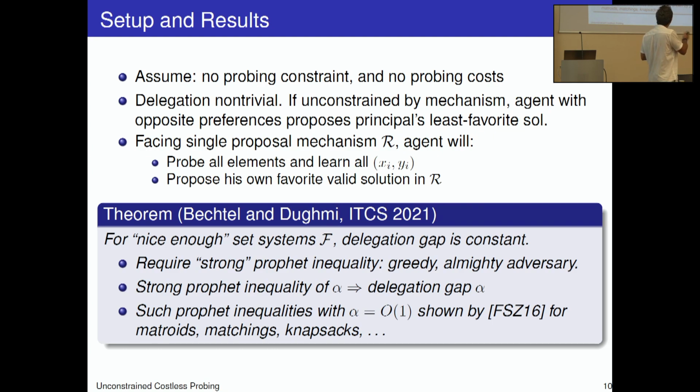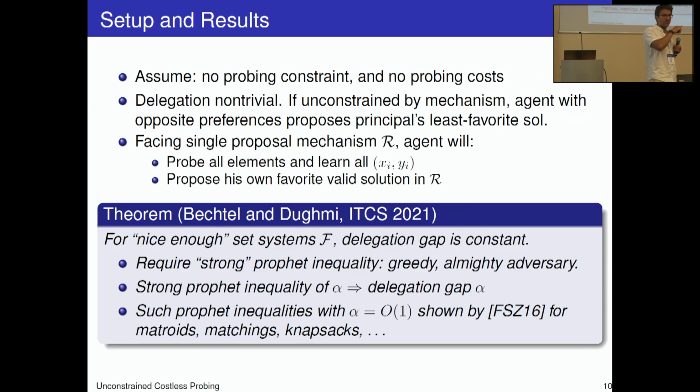Okay, so if you have an alpha inequality, you get a delegation gap of alpha. And it turns out that such prophet inequalities, which are shockingly strong, were actually shown by Feldman, Svensson, and Zenklusen for basically all our favorite set systems and their intersections, things like matroids, matchings, and knapsacks, and so on. So really, we reduce to their results, essentially.